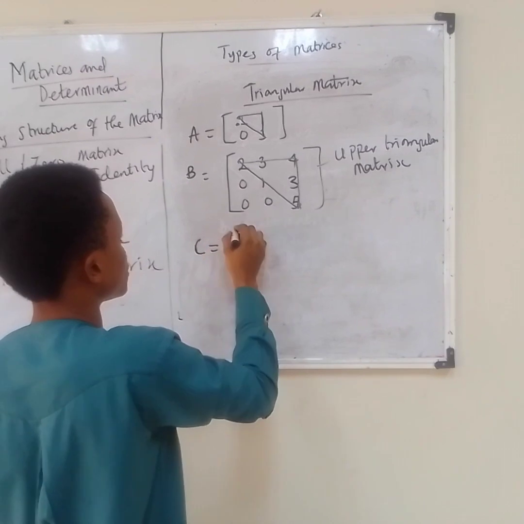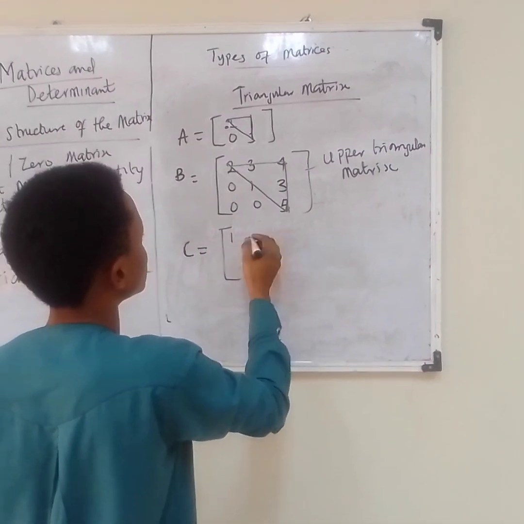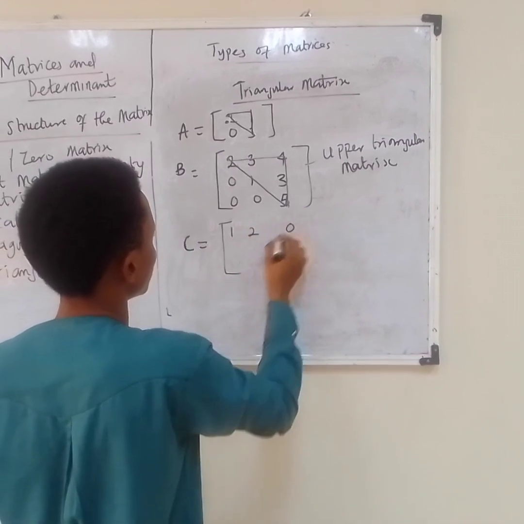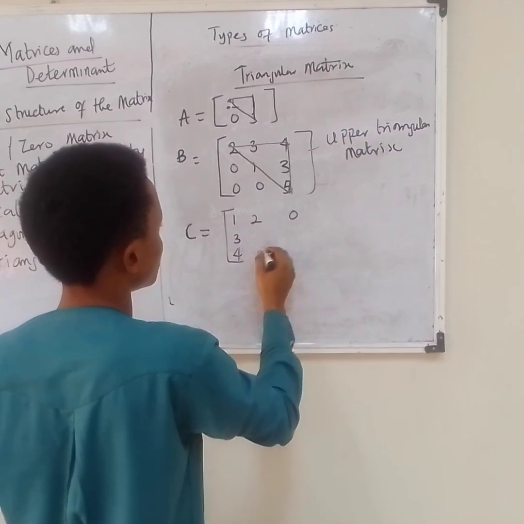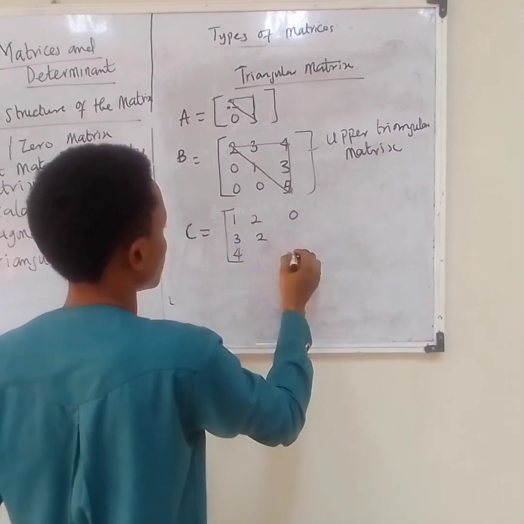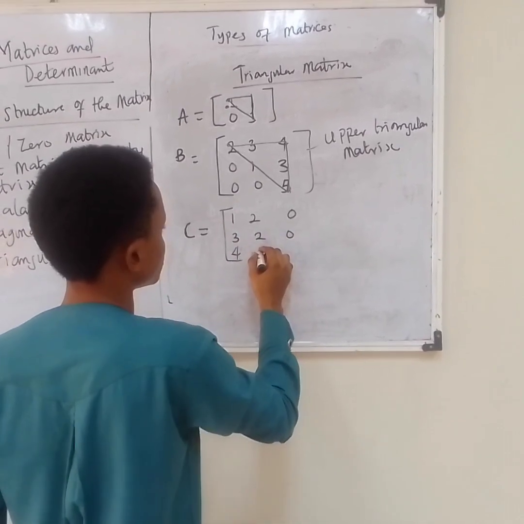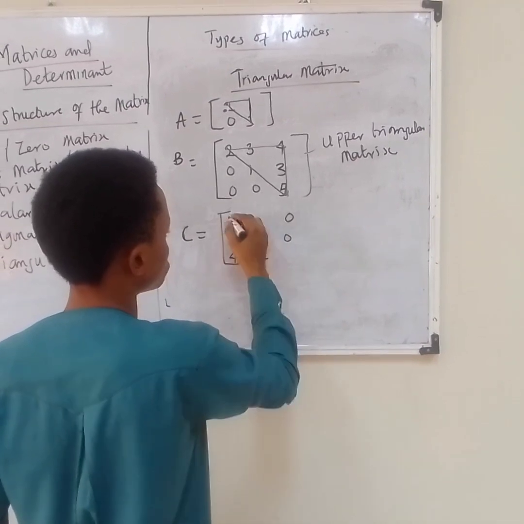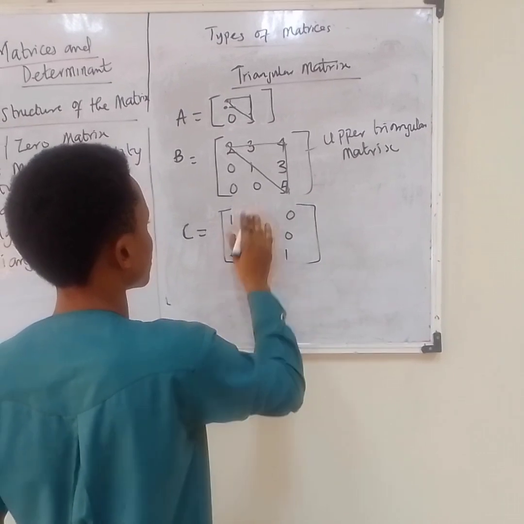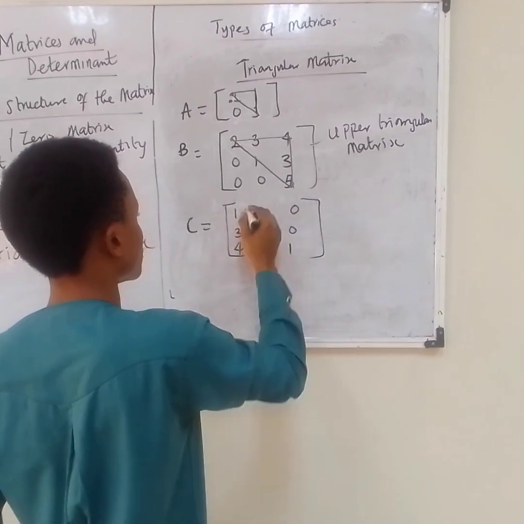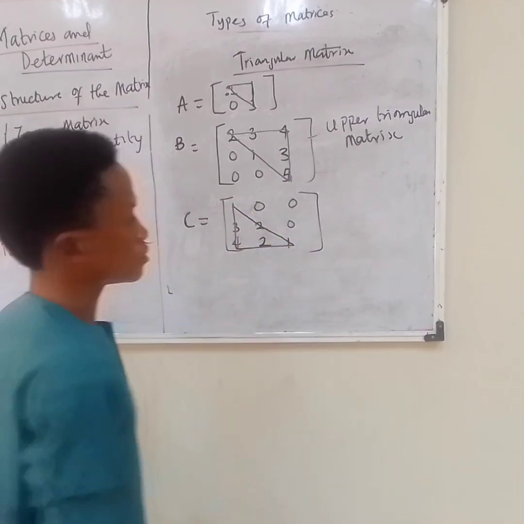Let's say matrix C equals, let's say, 1, 0, 0, 2, 3, 0, 4, 1, 5, where the zeros are above the leading diagonal.